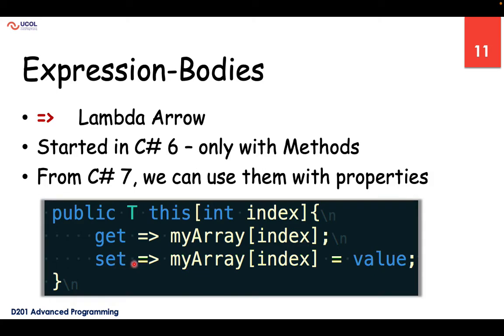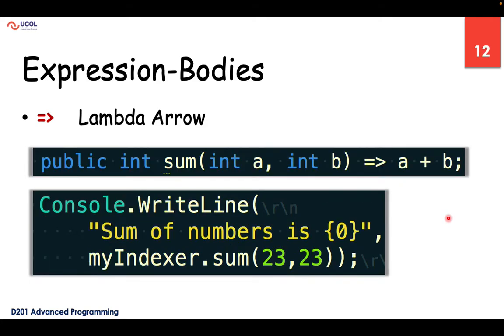And here we say set arrow array index is equal to value. That becomes very simple to write in two lines rather than multiple lines of code. But if you are not familiar with the lambda expression or lambda arrow, you will wonder what it means, so we need to understand. These are the pros and cons of lambda expressions or lambda bodies.